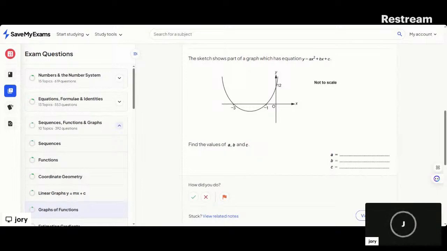Now find b. So 6b equals negative 120. b equals negative 20.